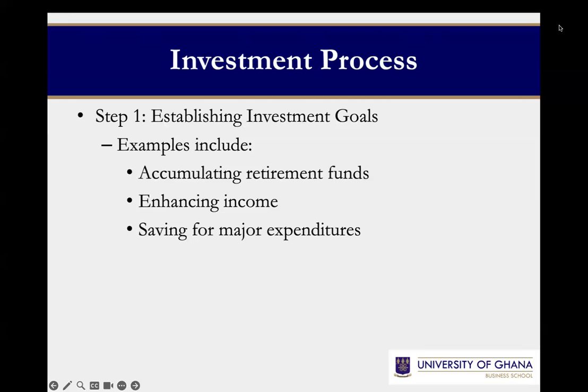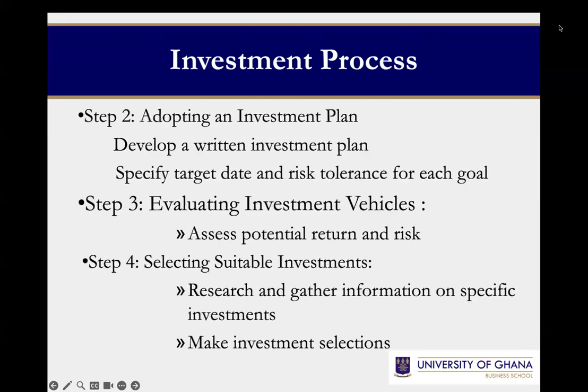Now, once you define the goal, it begins to indicate the kind of strategy that you would want to undertake to achieve that goal. And that will take us to the next one, where you adopt an investment plan. And usually it is best when you develop a written investment plan because then it provides you with a backstop to come back to assess whether you're working with that plan, and you can make revisions as you go.